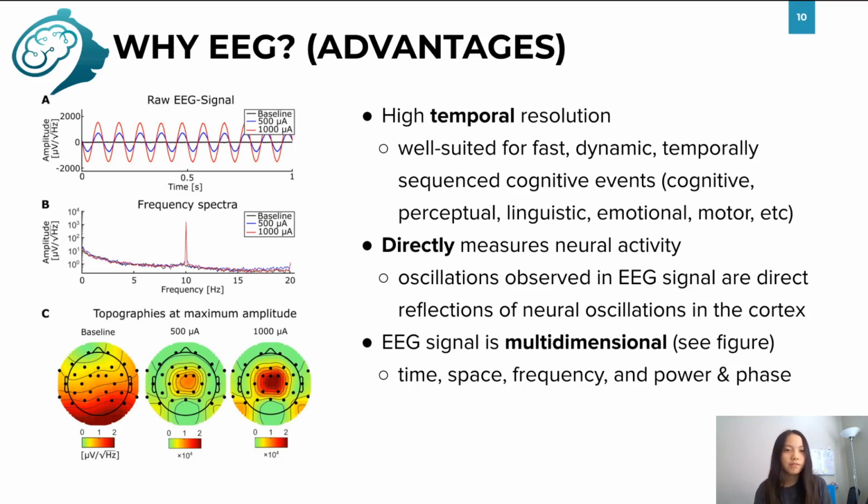And a third advantage of EEG is that the EEG signal is multidimensional. Although you might conceptualize EEG data as two-dimensional, or basically voltage changes over time and space, where space is measured through different electrodes, in fact, EEG data consists of at least 4 dimensions, which we'll talk about in more detail later. It's time, space, frequency, and power and phase.